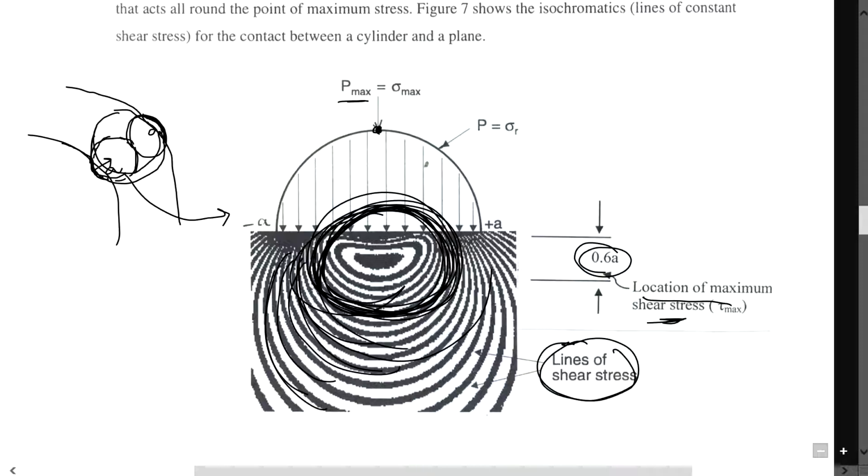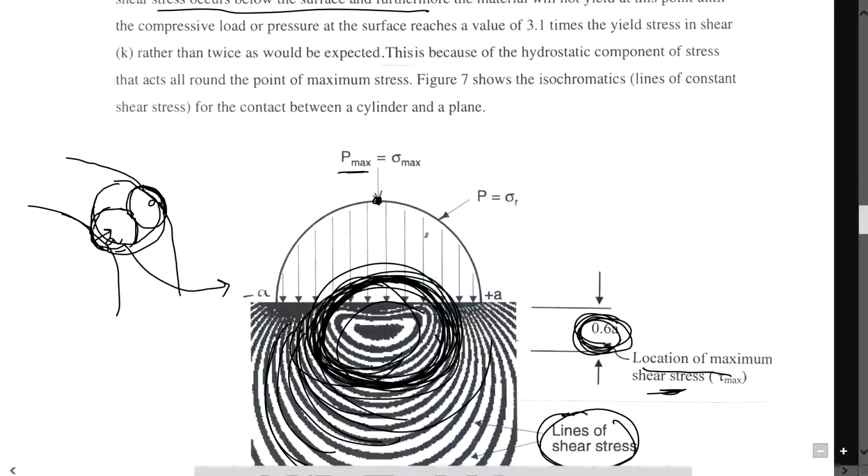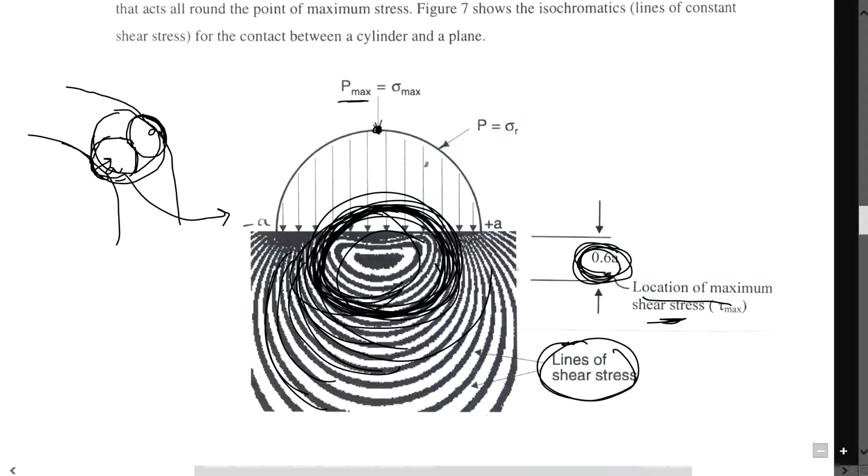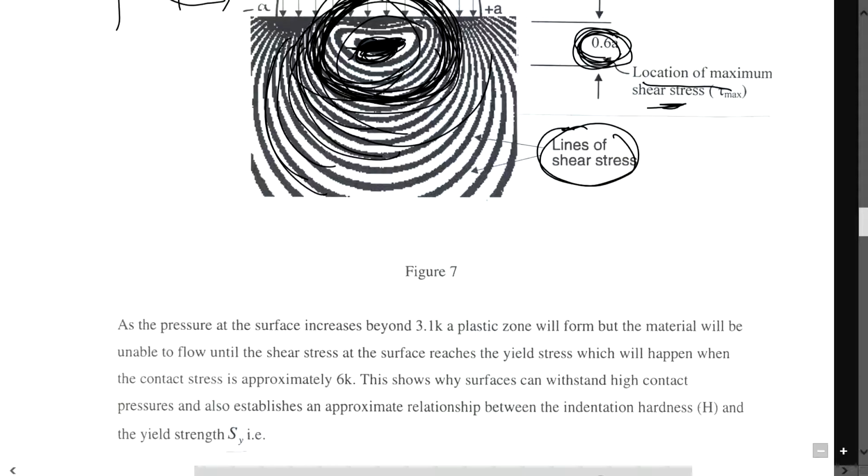So a lot of shear stress comes around here, approximately 0.6 A. Hopefully you are somewhat clear. In fact, I think the maximum stress is at this part. I don't know, but something for you to think about.